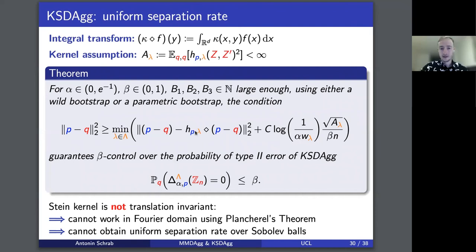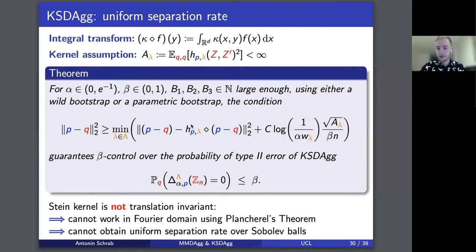So this means that because of the way we did the proof in MMDAG, here we have, as I said, K, and this is the convolution. Then we use Plancherel's theorem to say that this L2 norm is the same as the L2 norm in the Fourier domain.